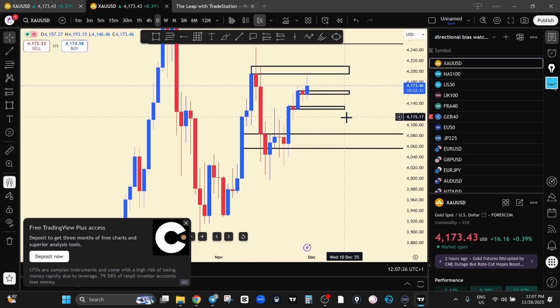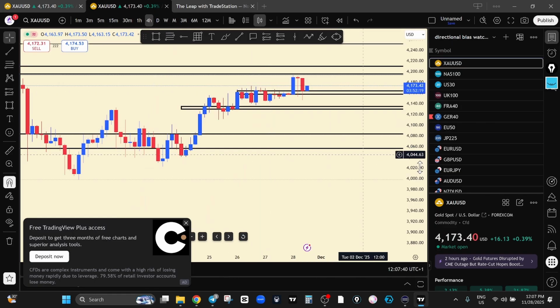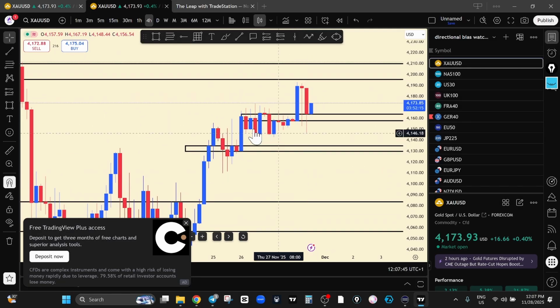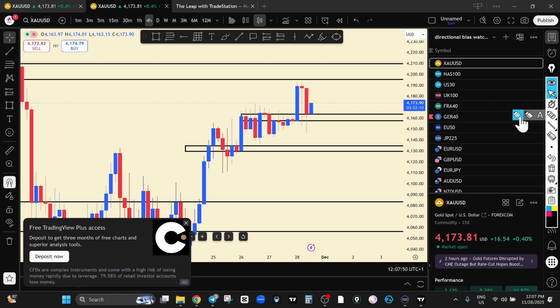When you're analyzing, you make sure you have different scenarios and different plans on how to attack that area. All right. So on the 4 hour, you can see that when price came all the way down to this area, this was where the market rejected from.